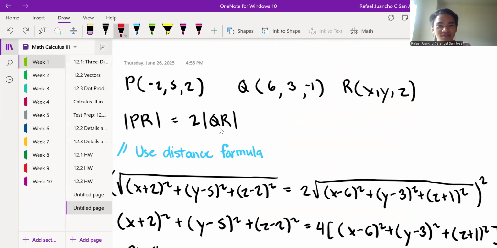Let's say this P, instead of it being -2, 5, and 2, we can make it general, like xp, yp, zp. And for Q, we can make it something like xq, yq, zq. R is the same, x, y, z. And we find those distances. And let's say it's not just twice. Maybe it could be some other multiplier. We can denote this as alpha.